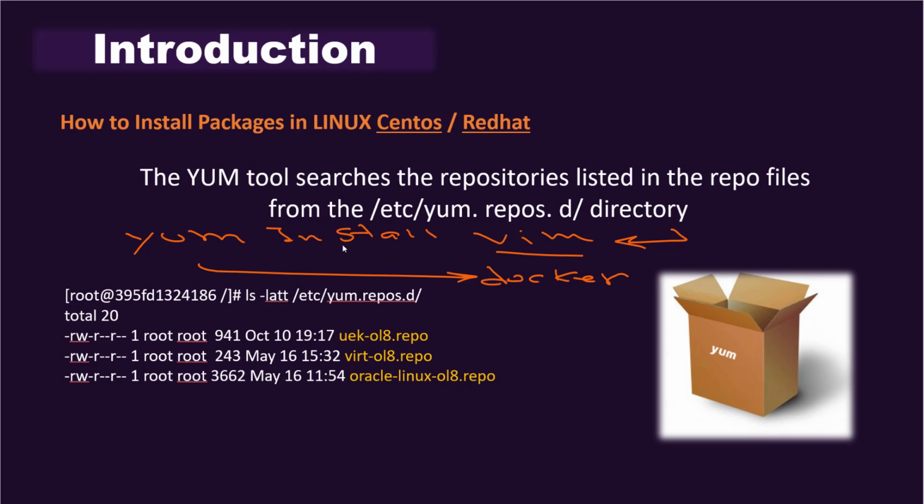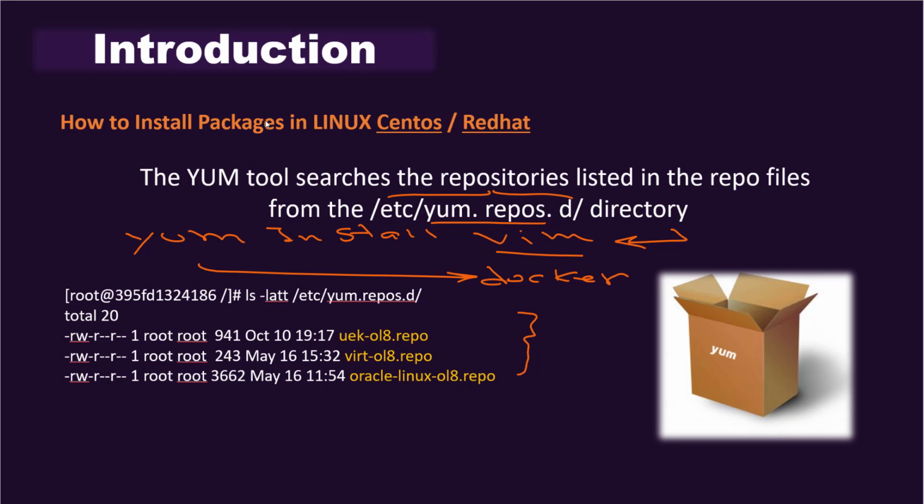If you check your CentOS machine, you will see this folder in this path. In this folder, if I check the list of files, for example, I will see this repo list.